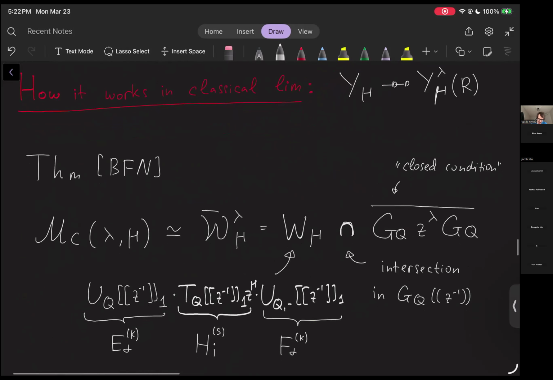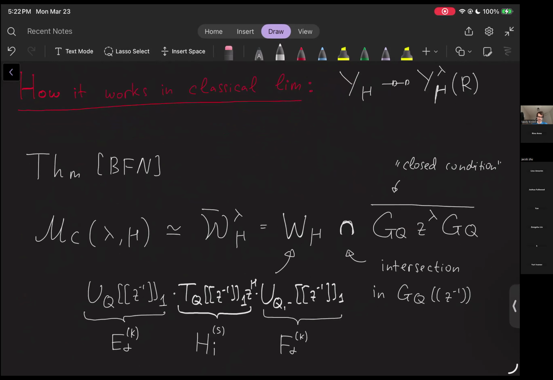Okay, so now let me explain how it works in the classical limit. That's precisely part of your question, at least. Remember that we have these quotients from the shifted Yangian to this Coulomb branch algebra. And then BFM actually prove that this realization of the Coulomb branch as a quotient has a very nice natural classical limit.